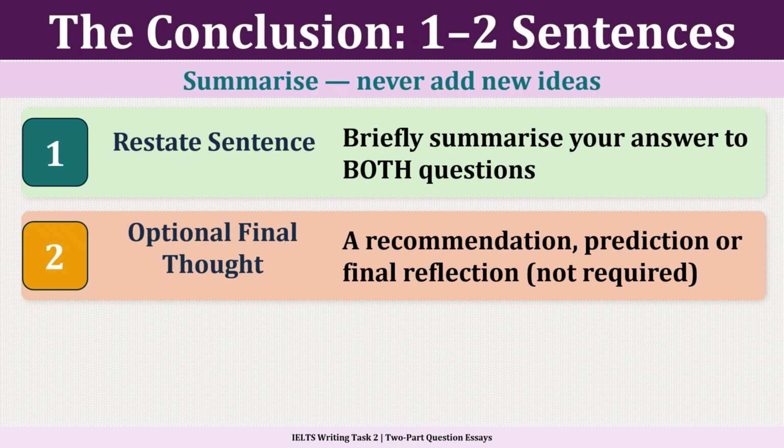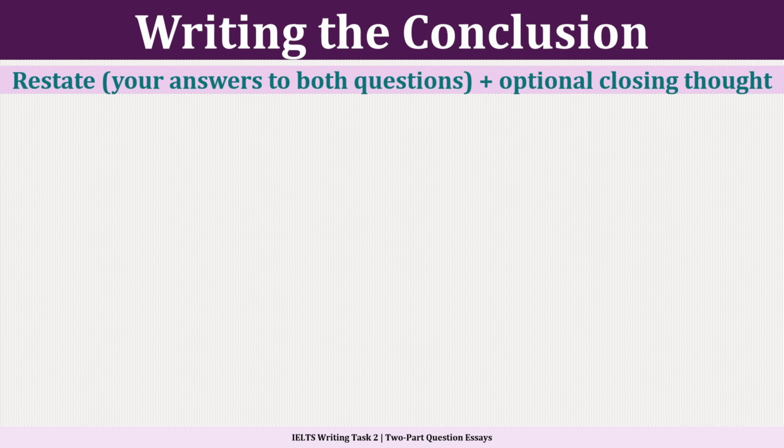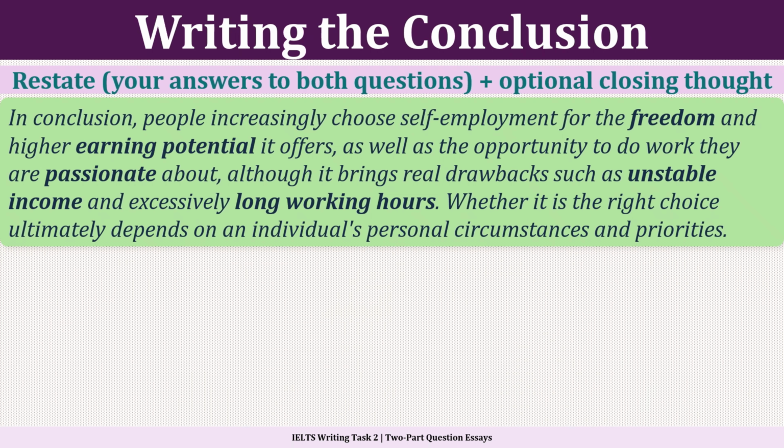The most important thing is that you don't introduce any new ideas in your conclusion. Now let's look at a complete conclusion for our self-employment essay. Take a moment to read the conclusion on the screen. As you read, see if you can identify how it answers both questions. If you need more time, pause the video here and continue when you are ready.